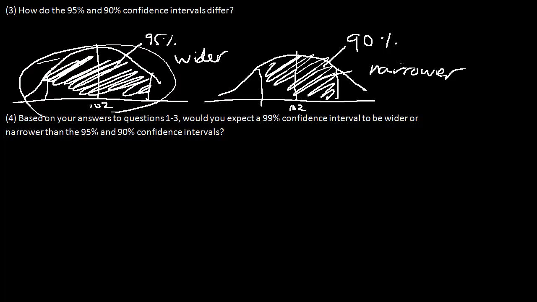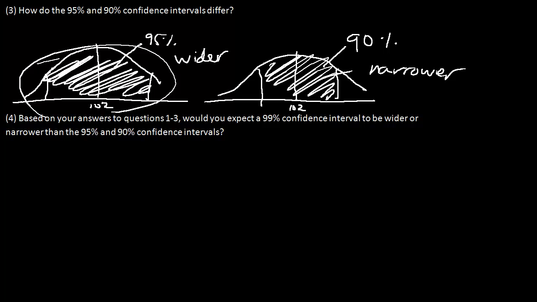In order to be more confident in general, we need to include a wider range of possible values of mu. So, that's what it is.